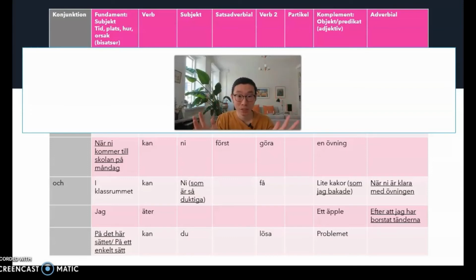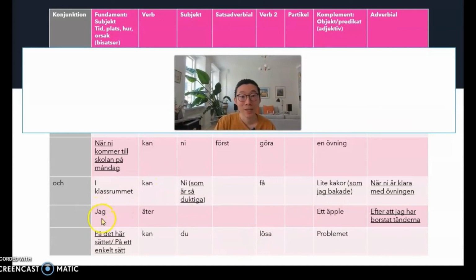It is actually the subject, the whole part. Som är så duktiga, you who are so diligent. Who are so diligent is describing you, so it's actually a part. Similarly, lite kakor som jag bakade, some cookies that I baked, it's the same logic. All this part is object in this sentence. När ni är klara med övningen, adverbial, the time perspective.